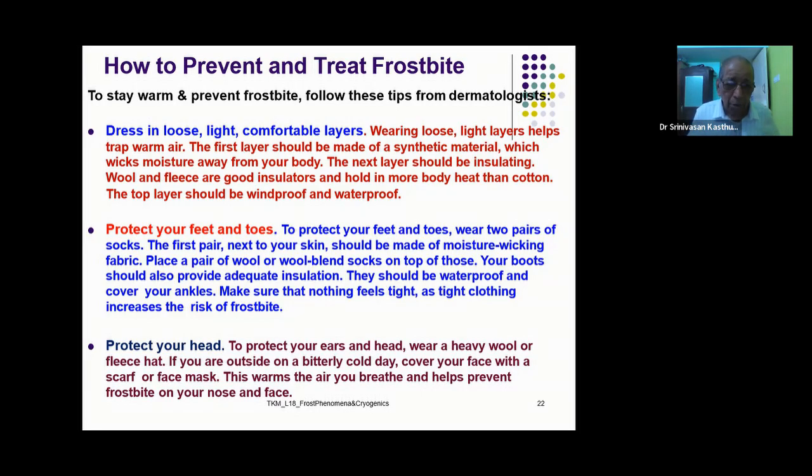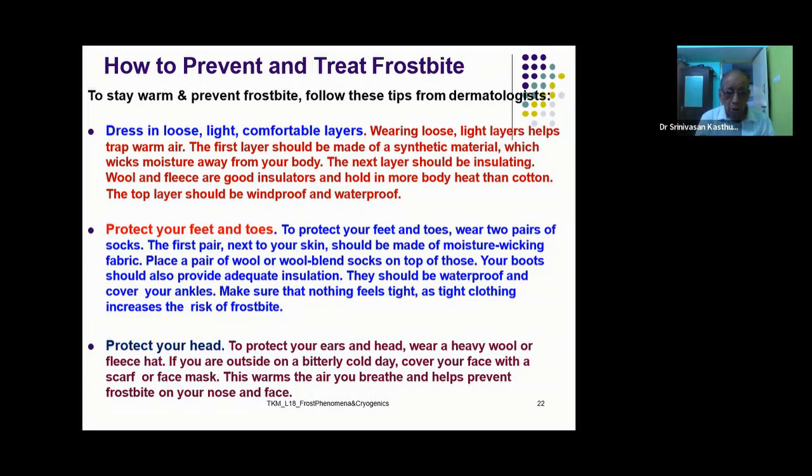Next, you should protect your feet and toes. To protect your feet and toes, wear 2 pairs of socks. The first pair, next to the skin, should be made out of moisture wicking fabric. That means it should be able to absorb moisture. Put a pair of wool or wool blend socks on top of this.